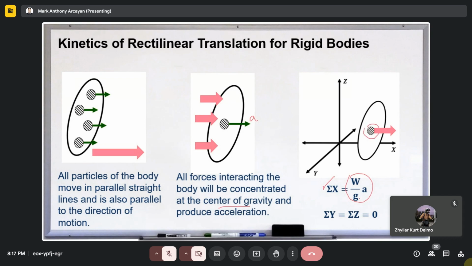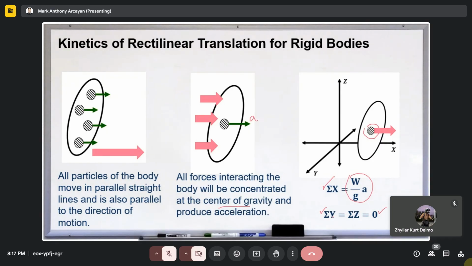Okay. Now, given that this object travels on a single direction only or in a single axis, that is on the x-axis, therefore, the remaining axes, which are the y and the z-axis, do not have any acceleration or motion there.